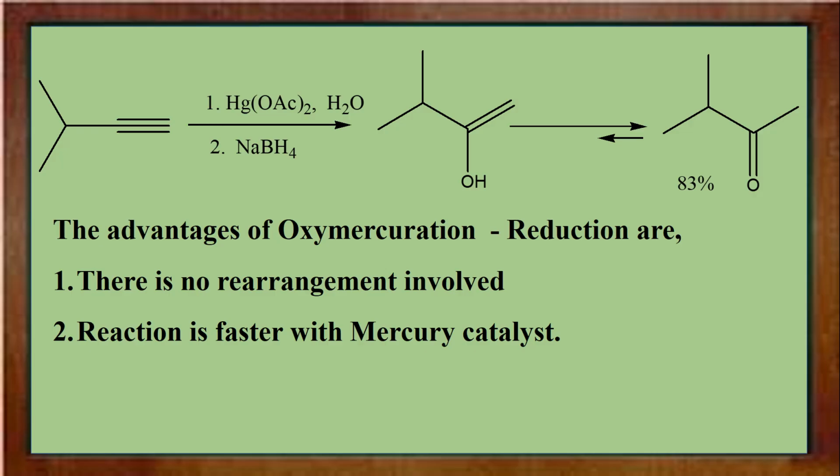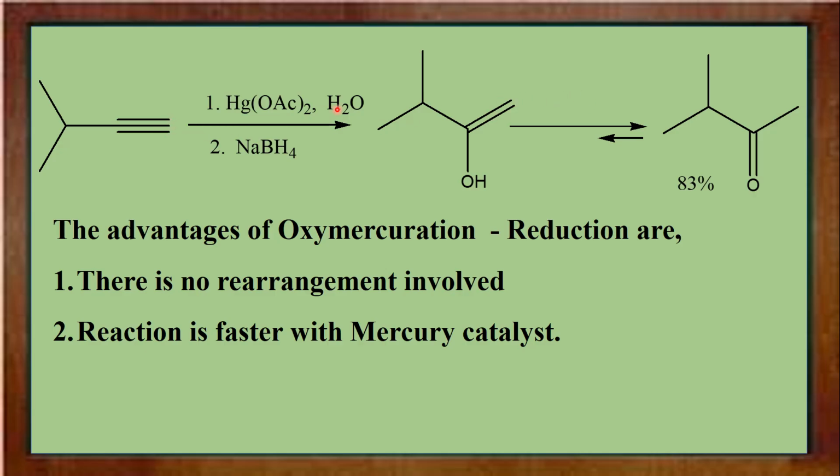Here is another example for hydration by oxymercuration followed by reduction. So here the same mechanism is followed. Formation of cyclic mercurinium ion followed by reduction. And this process adds a hydrogen to the less substituted carbon.